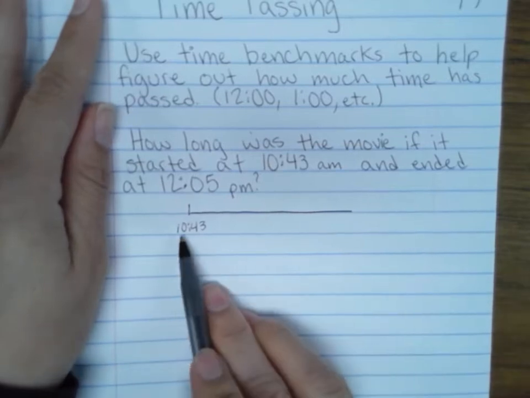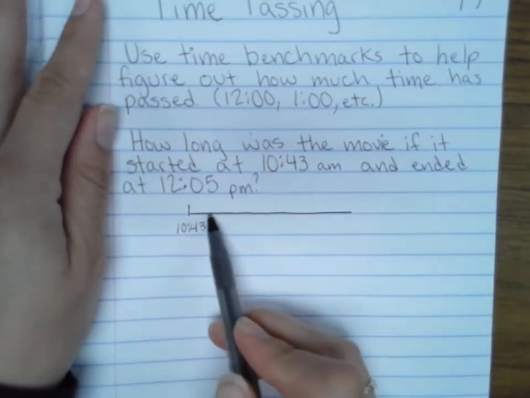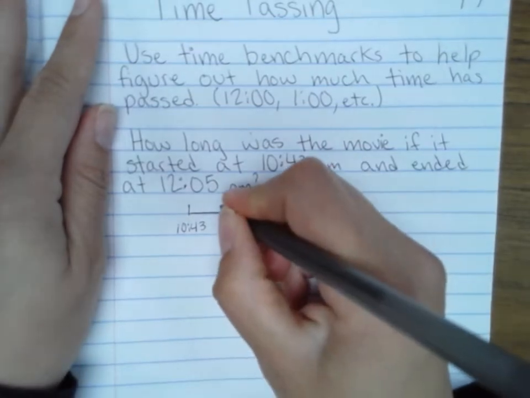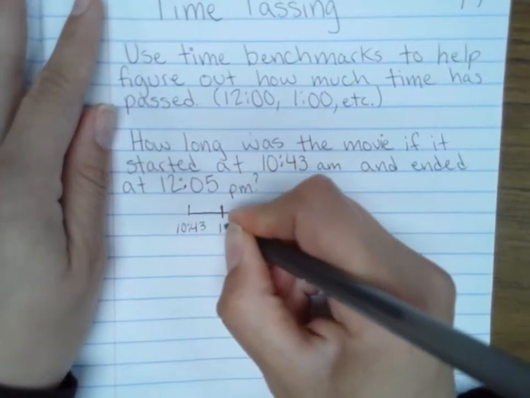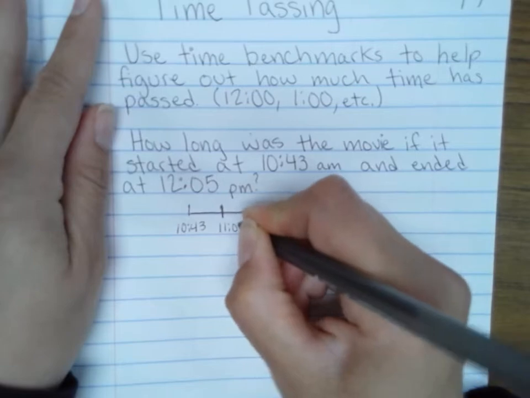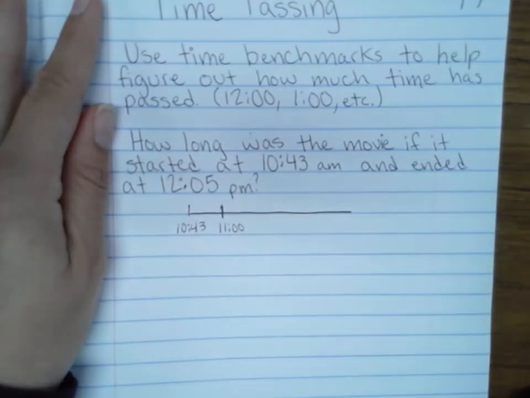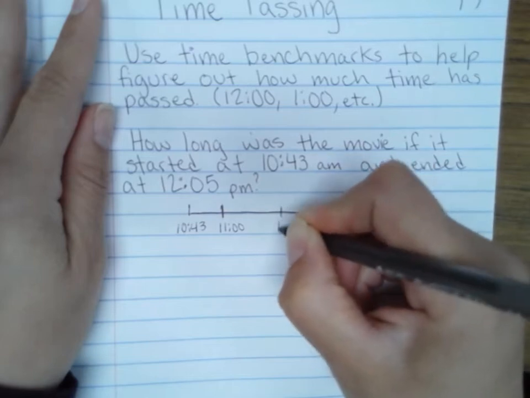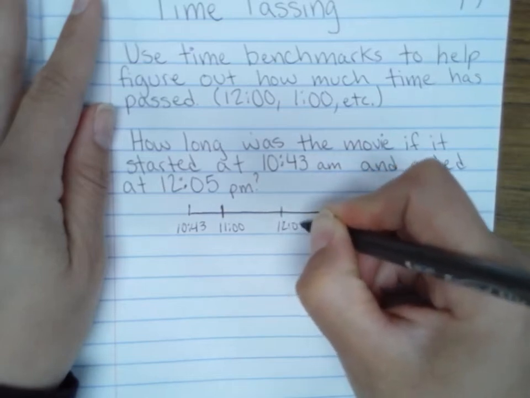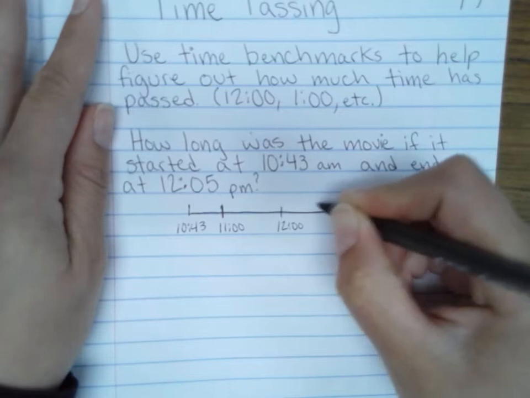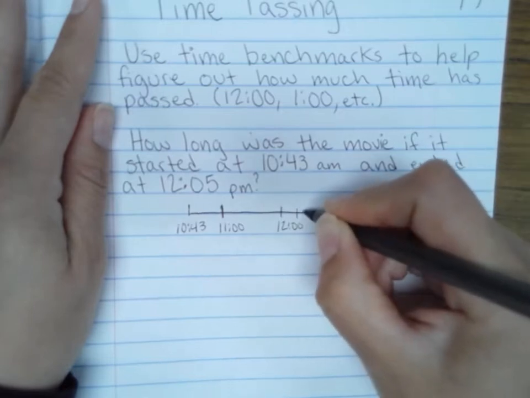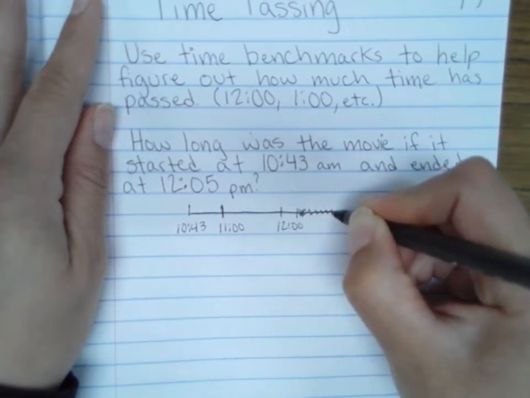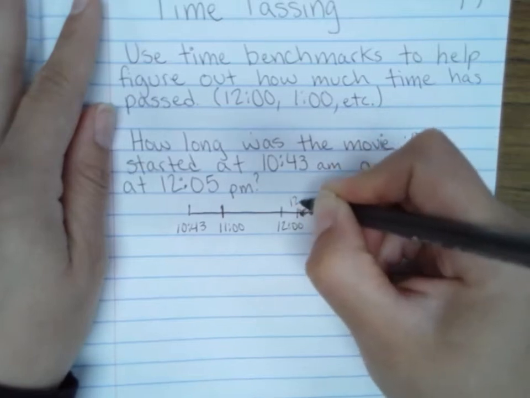So 10:43, 10 o'clock's back here, so the next benchmark time would have been 11 o'clock. So I'm going to put a benchmark here of 11 o'clock. Okay, then another benchmark time of 12 o'clock. And then the movie ended at, well, this seems really big compared, so I'll scribble that part out. The movie ended at 12:05.